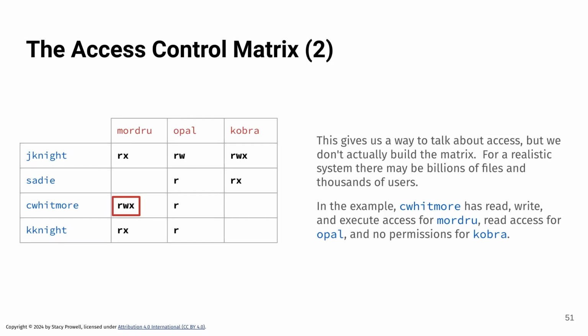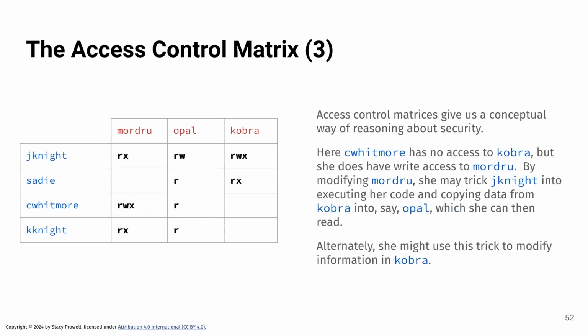Okay? And there's another example here. We see C. Whitmore has read, write, and execute permissions for Mordu, read for Opal, and no permissions for Cobra. That's important. Let's think for a minute. C. Whitmore can write to Mordu. Mordu is something that JKnight can execute. So C. Whitmore can modify an executable that JKnight can run.